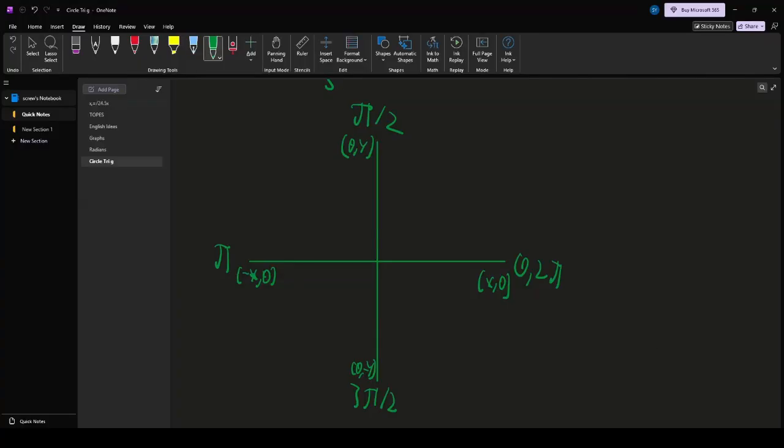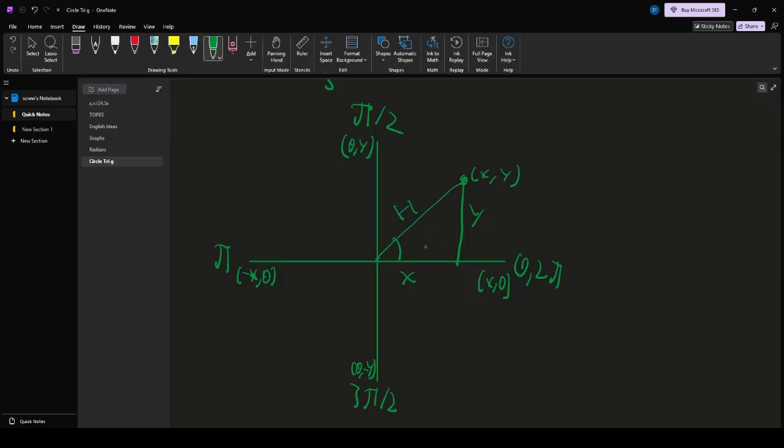Now, when you form a triangle on a Cartesian plane using a point, this will be your point. The x distance is equal to the x value of that point, and your vertical side length is equal to the y value, and then your hypotenuse is, well, your hypotenuse. So as you can see here, let's say this is the angle.